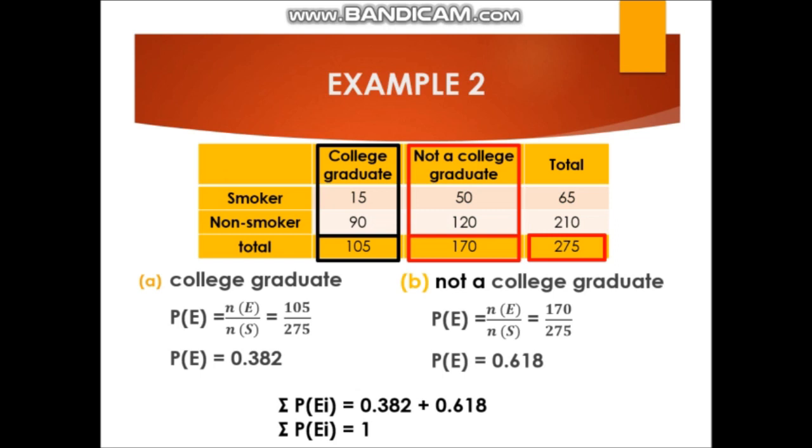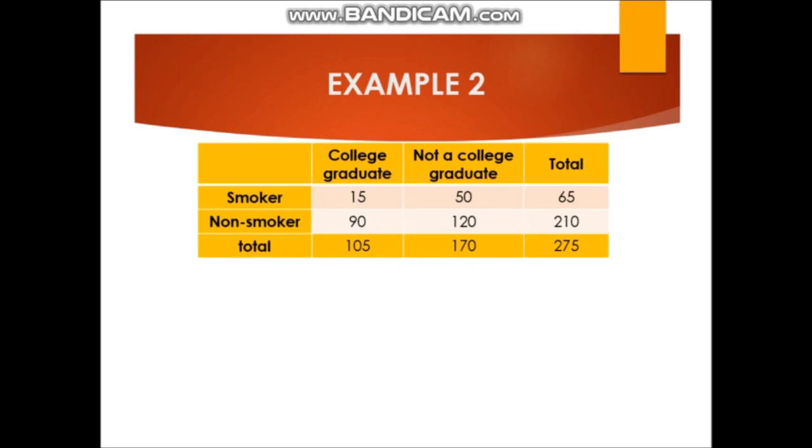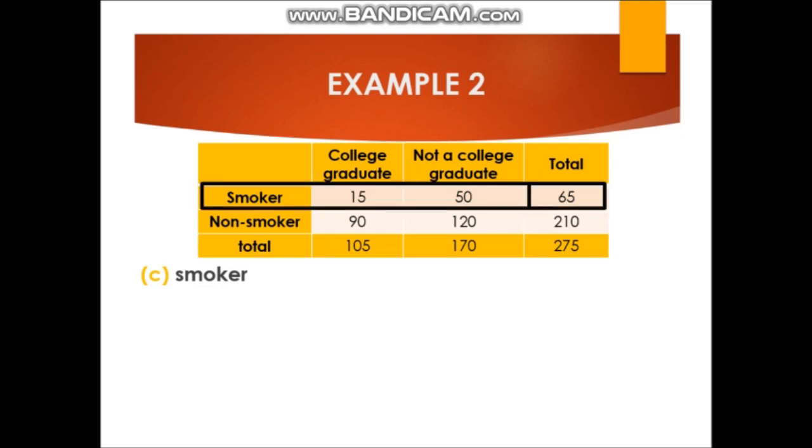Okay, let us proceed to letter C and letter D. Letter C is smoker. In terms of smoker, we have 15 college graduate and 50 not a college graduate with a total of 65 smokers, and the total number of population is 275.